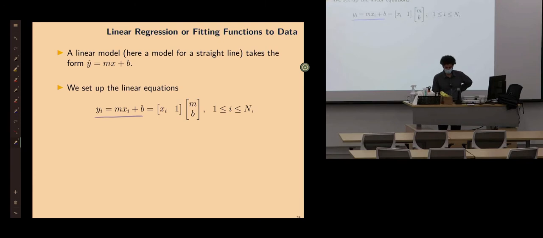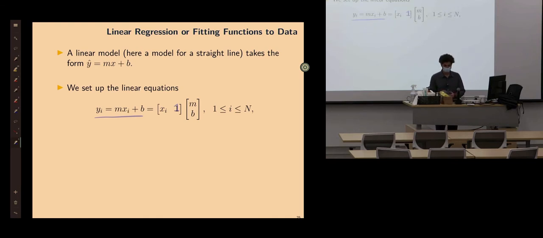Now we do something smart, and then we separate known and unknown. Xi, and this constant, this is for b, right? We know them. This is a table. This is data. It's given. Whereas m and b, these are coefficients. These are unknown. We don't know their value, and we want to solve for them.